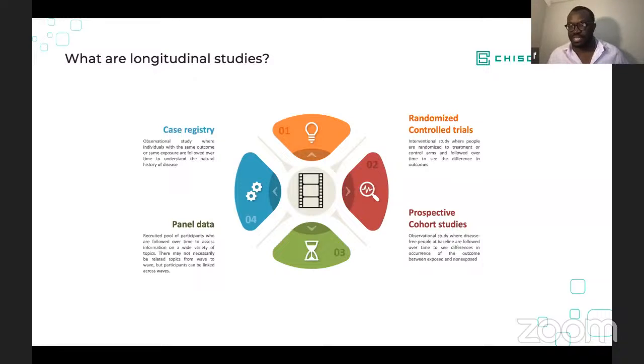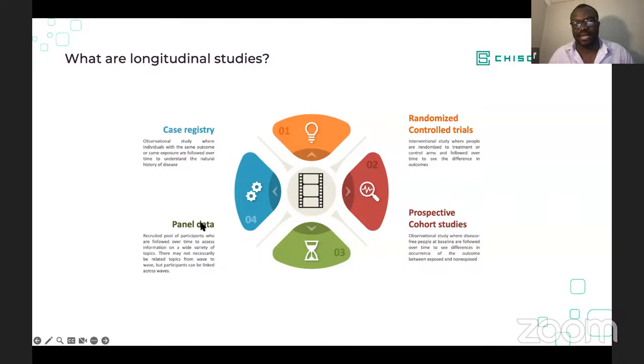Which of your old symptoms are gone, right? So in this case, these are cases or individuals who are linked together by a common thing. Maybe they all survived Ebola, and we're following them over time. So it's a registry. And that obviously is also longitudinal because we go back to them time and time again to see how the natural history of the disease is changing over time.